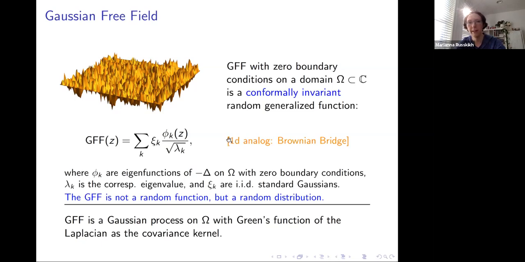Okay, more precisely, the two-dimensional Gaussian free field with zero boundary conditions is a conformally invariant random generalized function. Or, okay, there are many equivalent definitions. Let us say that it is a Gaussian process with covariance kernel given by a Green's function.